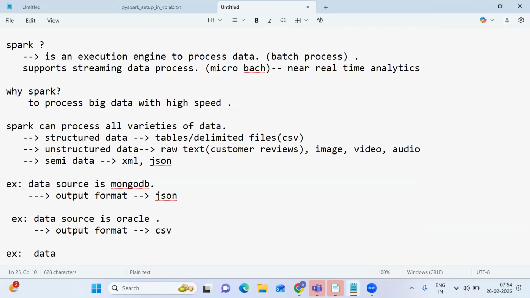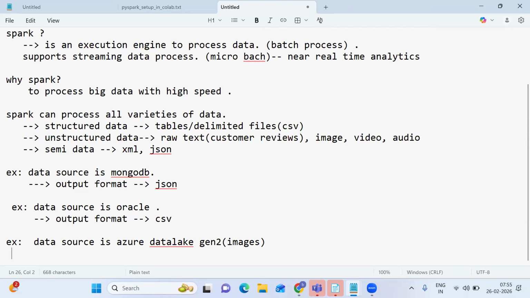Data source is Azure Data Lake Gen 2, or S3, or Google GCS. You want to analyze image content, you want to build a model based on the images. Now this data format is image only, unstructured data.